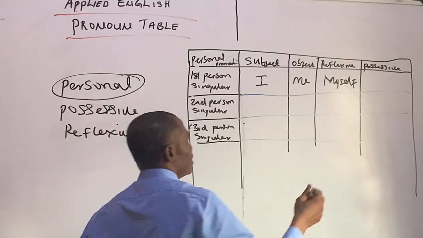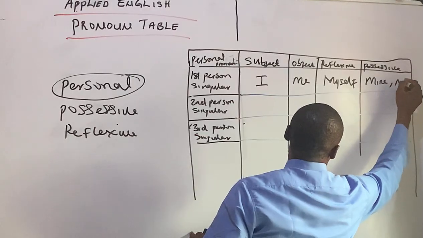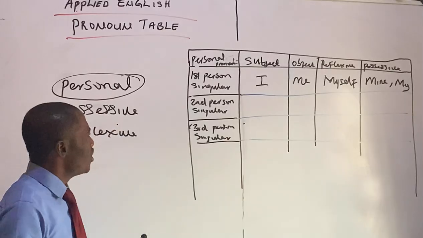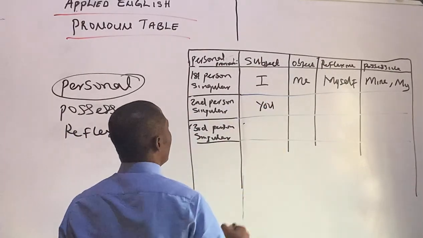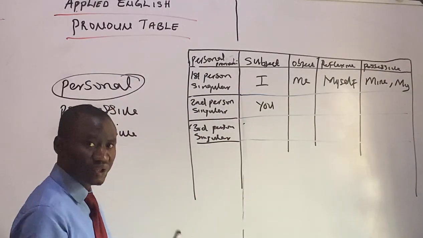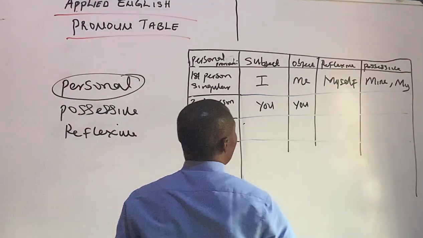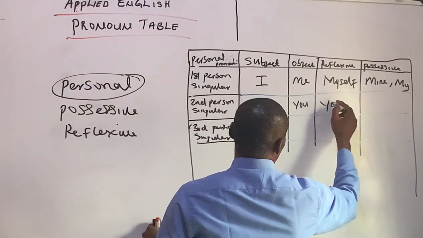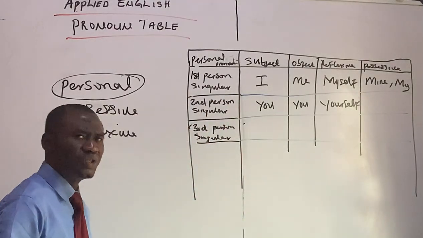Now, for the second person singular, at the subject level, use you. At the object level, use you. For the reflexive, you use yourself. For the possessive, you use yours.